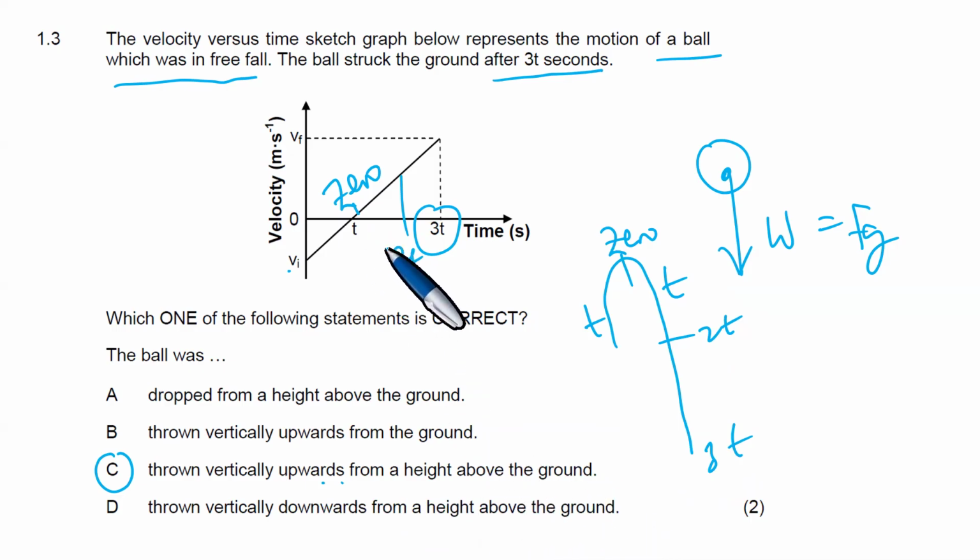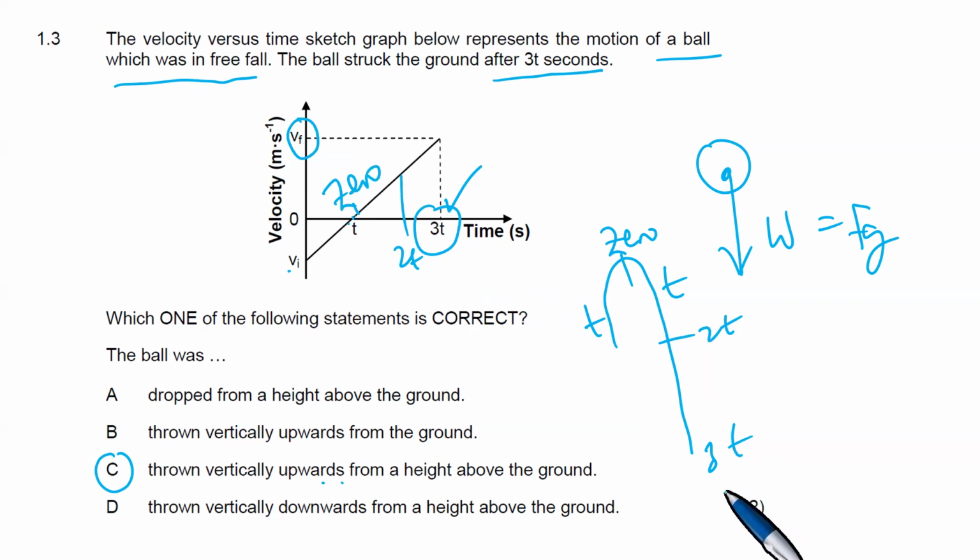That is the truth, because we can see that the total time is 3t seconds. So it took much longer after the maximum height of zero velocity, still traveling to reach the final velocity.